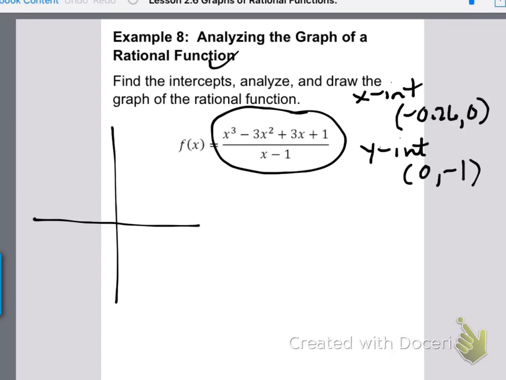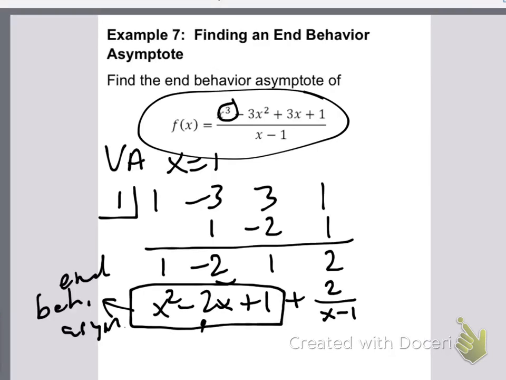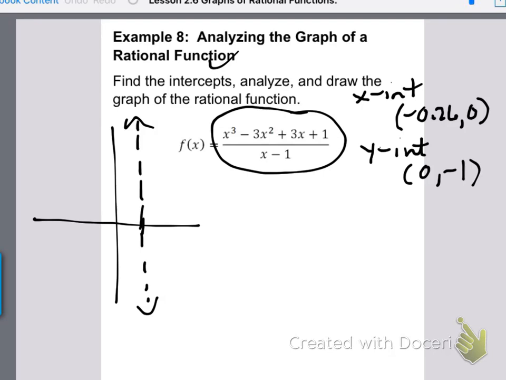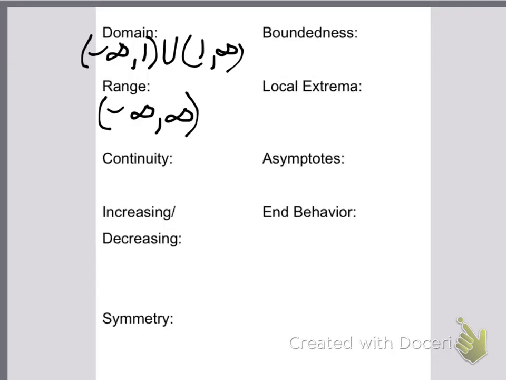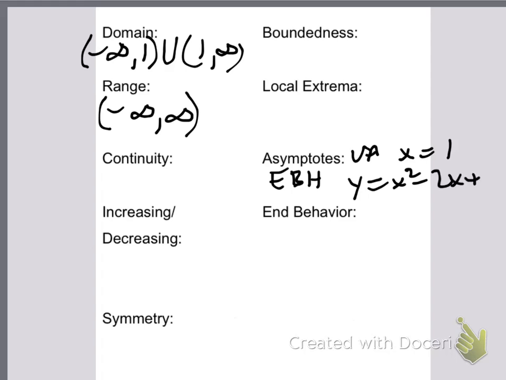Now, continuity, by the way, this is the graph. So you have a vertical asymptote here. Now, if you'll notice, this was the same problem as this one. So we have the end behavior asymptote. Asymptotes: the vertical asymptote was x equals 1. The end behavior asymptote is y equals x squared minus 2x plus 1.